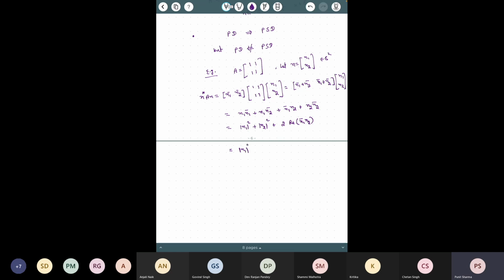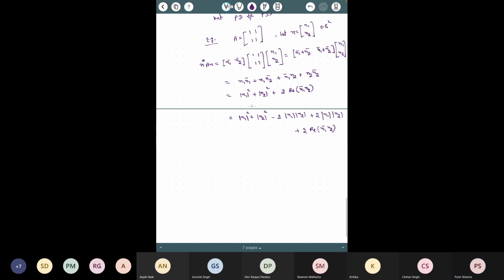Let me know if I'm doing as you are thinking. I will add twice mod x1 mod x2, and then subtract the same thing, together with the term 2 real of x1 bar x2. Now the first three terms are just (mod x1 minus mod x2) whole square. The last two terms you can write as 2 times (mod x1 mod x2 plus real of x1 bar x2).